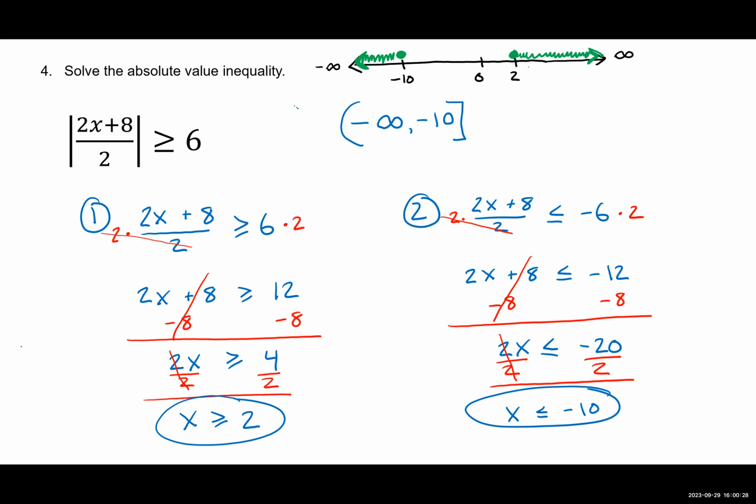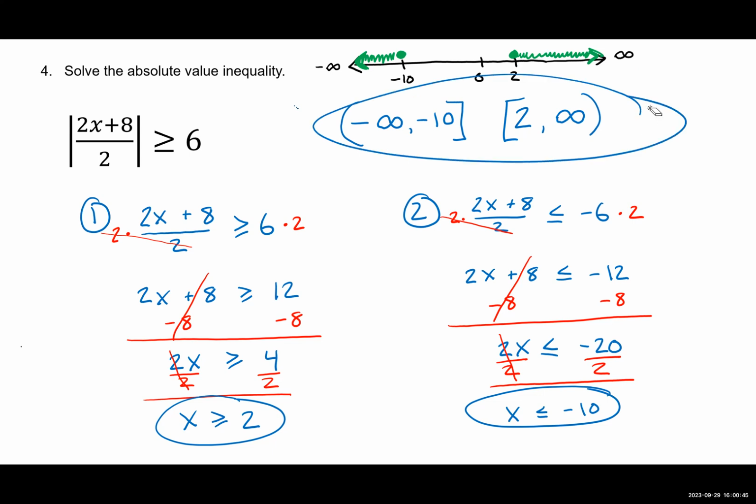The part of the answer, the shaded green area of the part of the line on the right, starts with 2 and then goes forever in the direction of positive infinity, including 2 up to infinity.